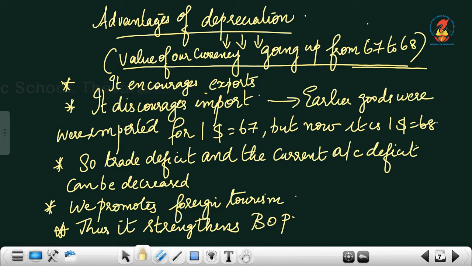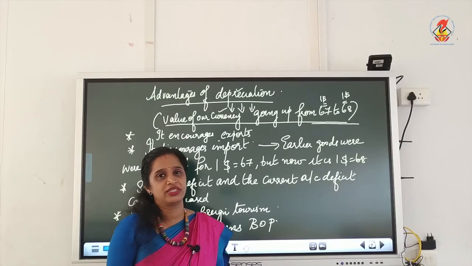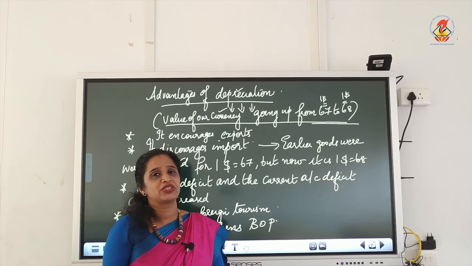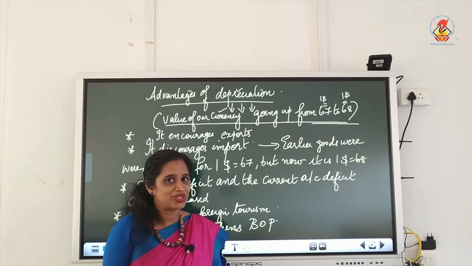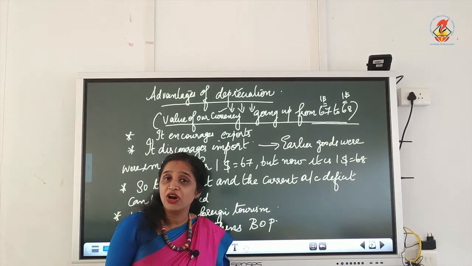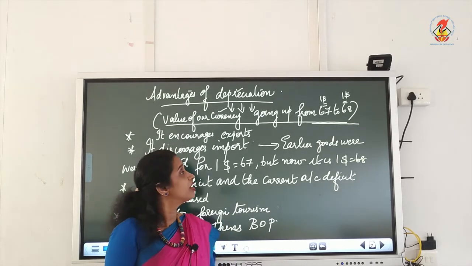Previously it was $1 equal to 67, but now $1 is equal to 68. That means our currency has depreciated. Now when the currency has depreciated, what are the benefits out of that?